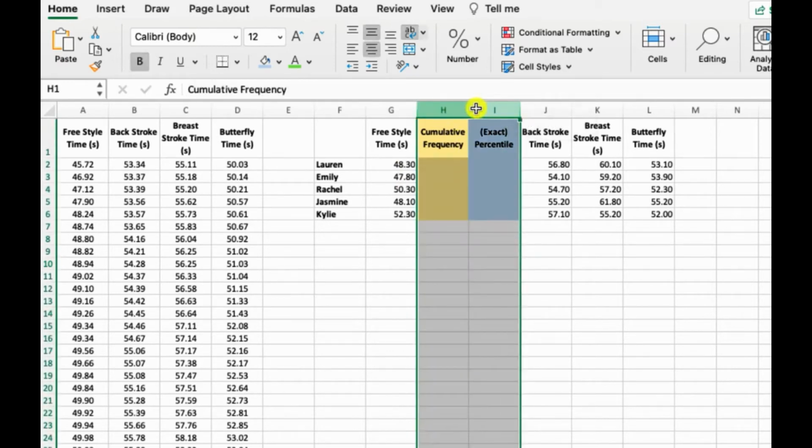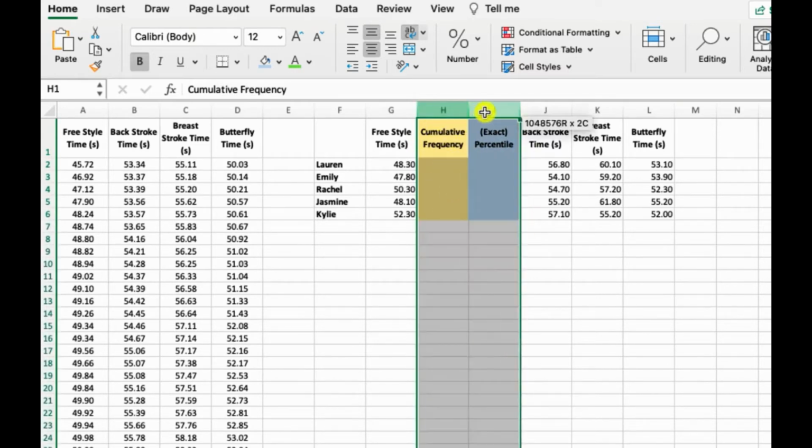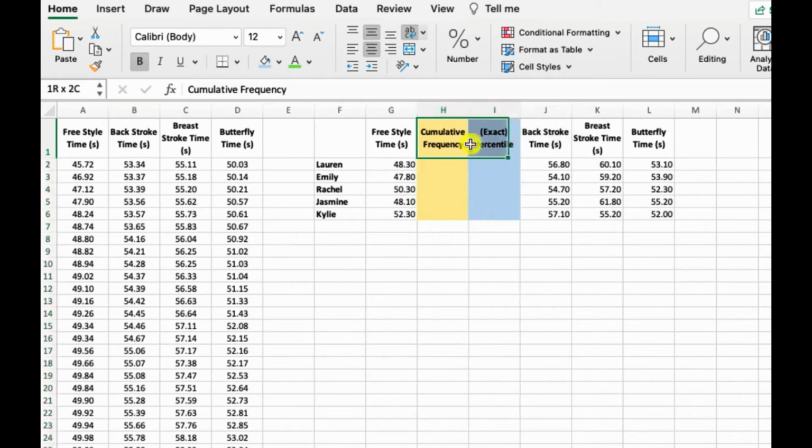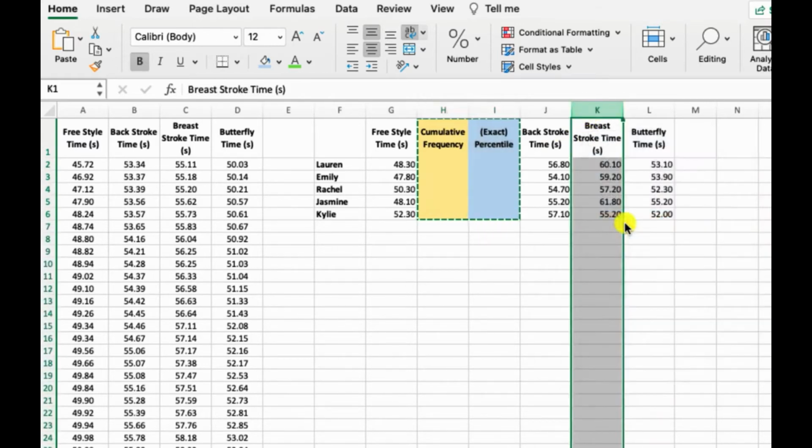From here, I can highlight these 2 sets either as the data range that we would have values going into, or I can also copy the columns. Either way should work. I'll copy that and then insert my copied cells.